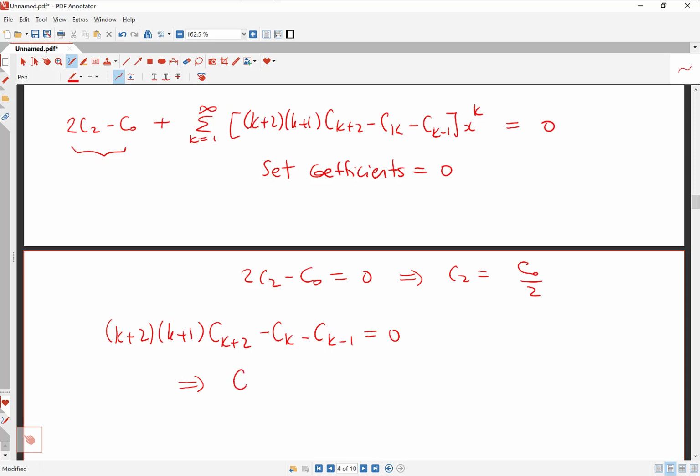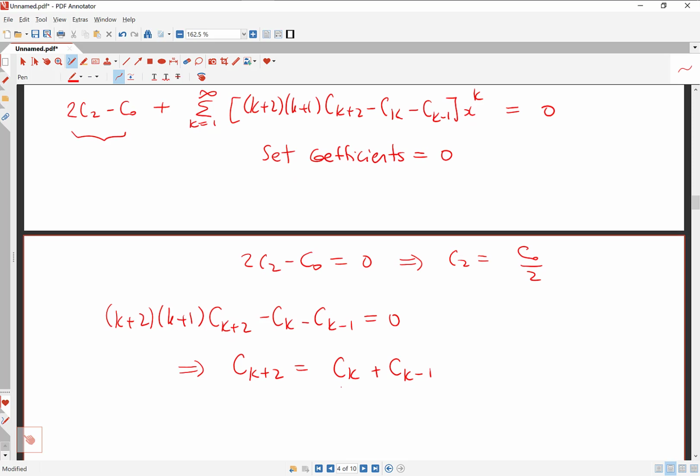So we want to solve for c sub k plus 2. All right, so let's bring the c sub k and the c sub k minus 1 over to the other side. Those would both have coefficient positive 1 once we brought them over to the right side. And then we're dividing by k plus 2, k plus 1.